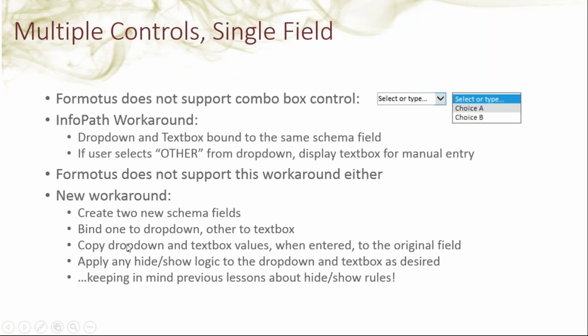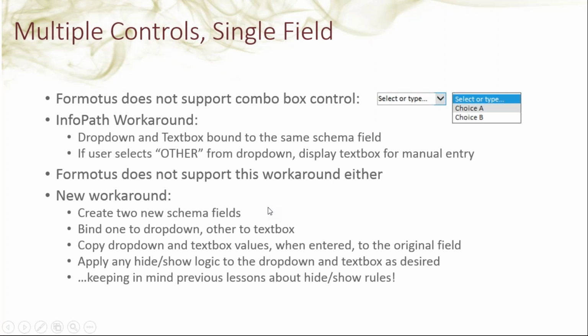So what I have is logic to copy the values that the user enters through the drop-down or the text box into the final original field that I want to store the actual value. And then you simply apply hide show logic to the drop-down and the text box, again using the sections trick we showed on the previous slide if you can't get the hide show logic to work directly on the fields.